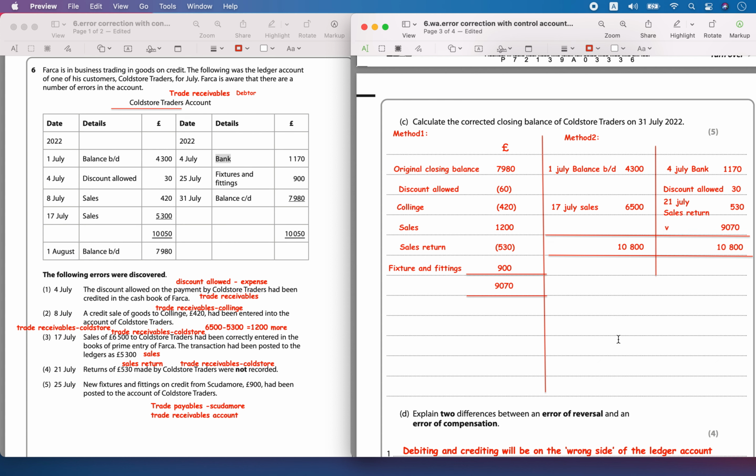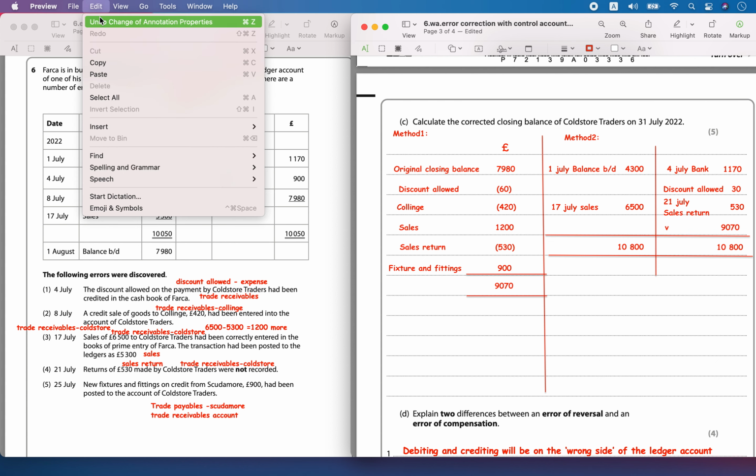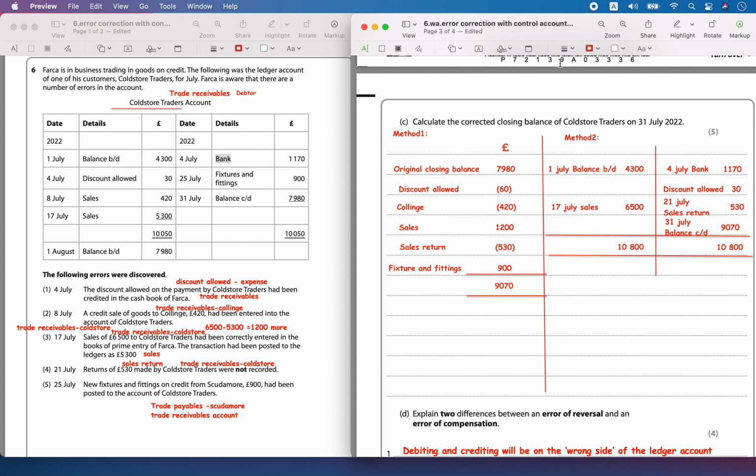That will also be the balance brought down on 1st August. On 1st August, balance brought down was 9070.